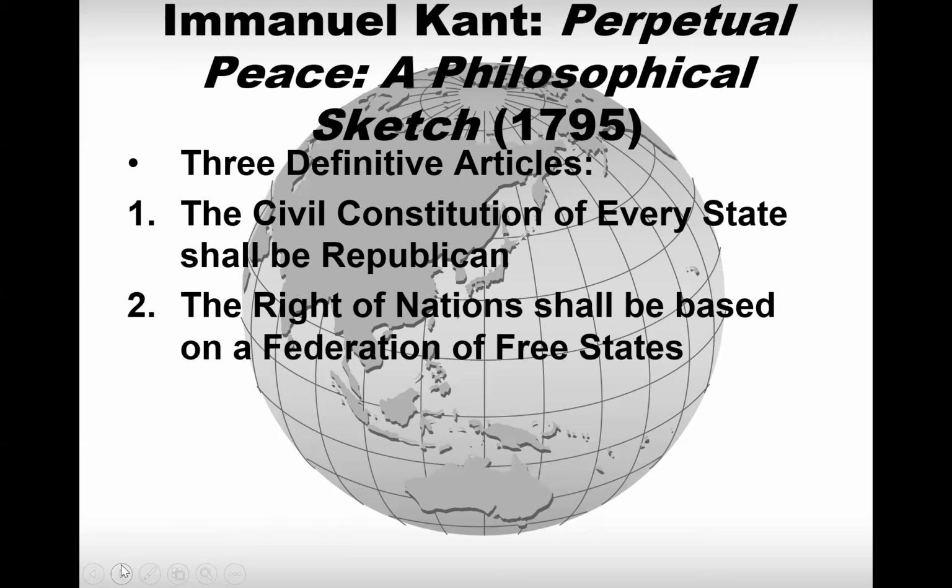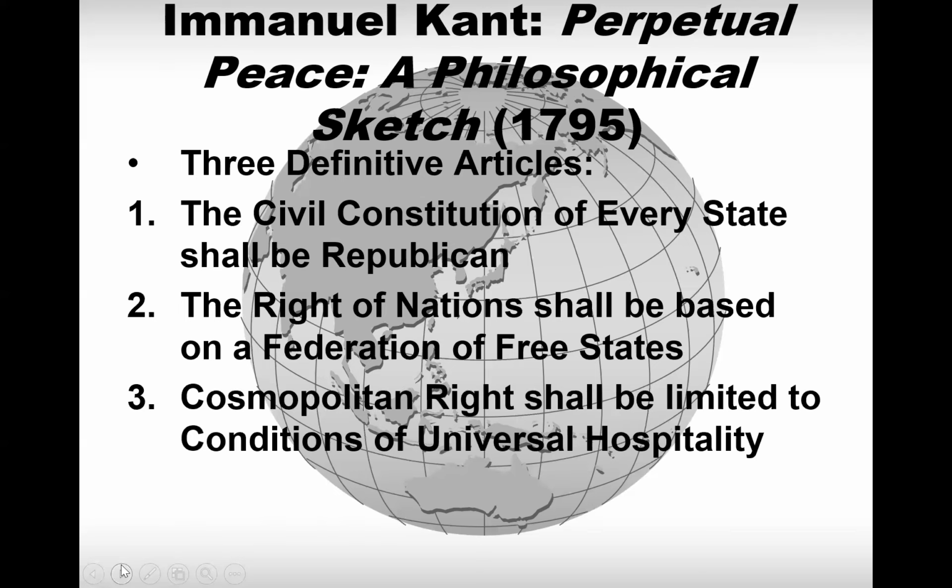The right of nations, here nations refers to states, because we lived in a world before nationalism in many senses. The right of nations shall be based on a federation of free states, Foedus Pacificum. So the idea is that free states would get together and join this federation of free states.